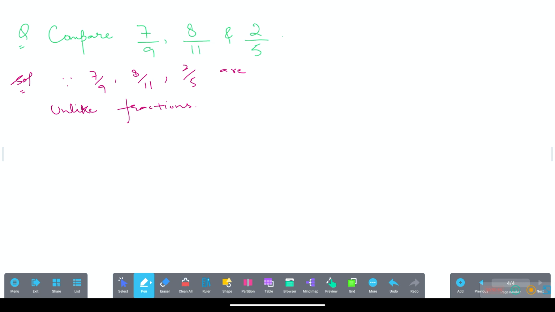How? By finding the LCM of the denominators. Therefore, LCM. What do you mean by LCM? It is the lowest common multiple.